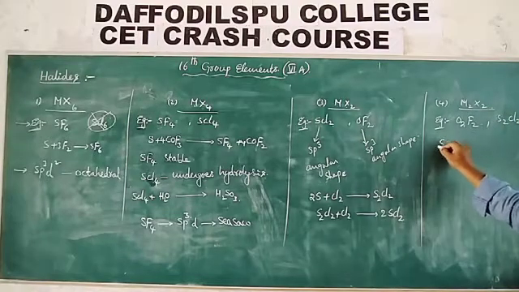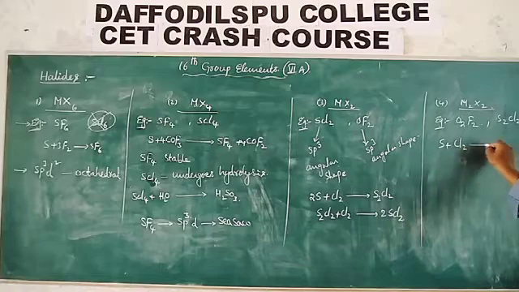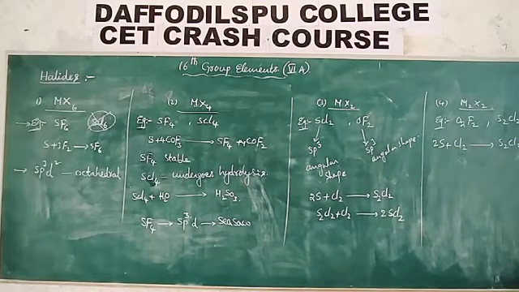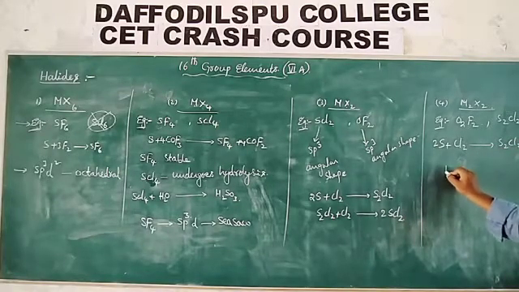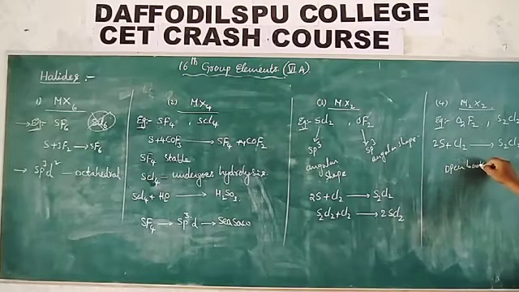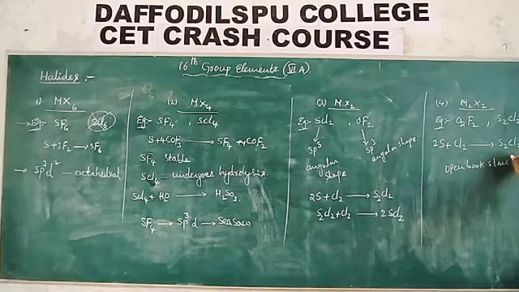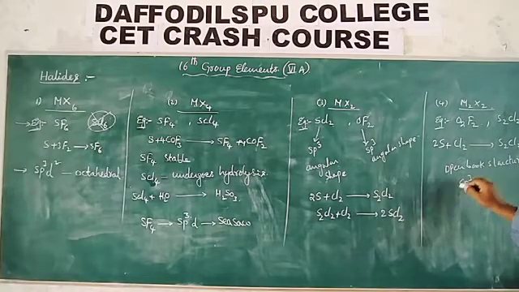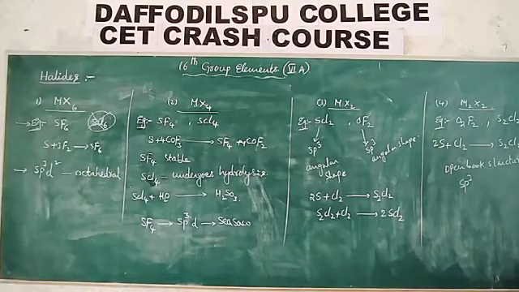How is this prepared? When sulfur reacts with chlorine, you will get S2Cl2. It appears like H2O2, so it has an open book structure, with sp3 hybridization. So these are the halides of sulfur.